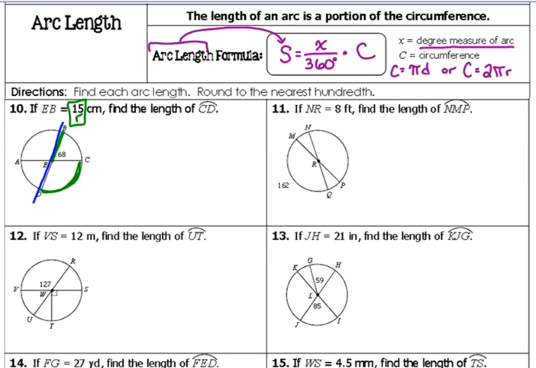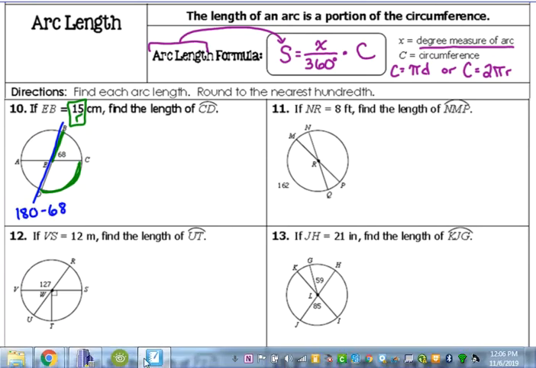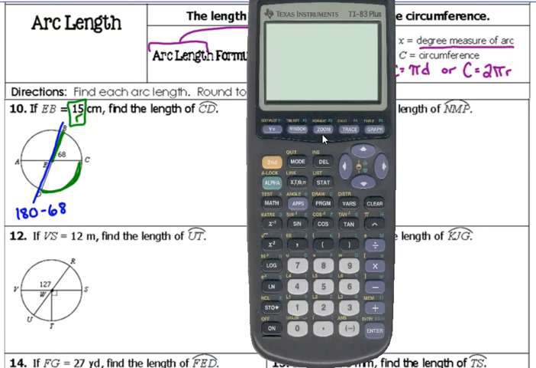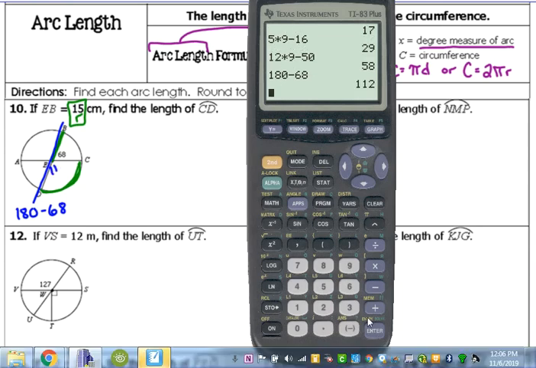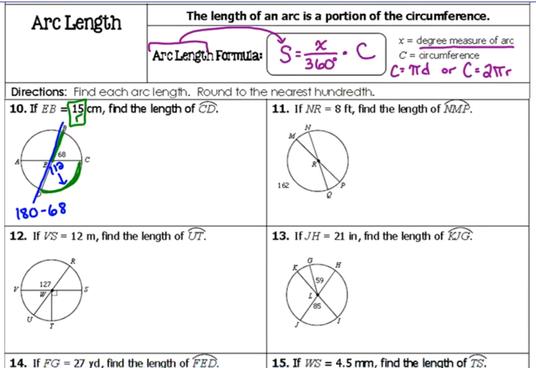That's half my circle. So if I do 180 minus 68, that is going to give me the angle that I really need. 180 minus 68 is 112. That is the angle that goes with the arc that I'm wanting to find the length of. So its degree measure is 112 degrees.